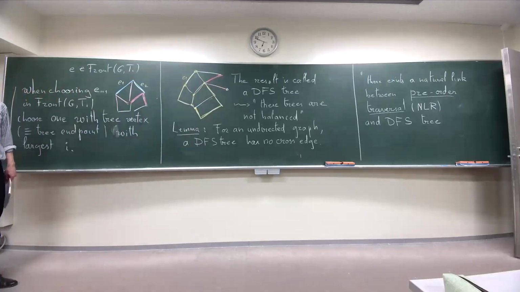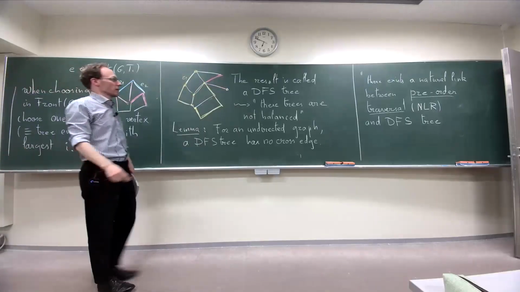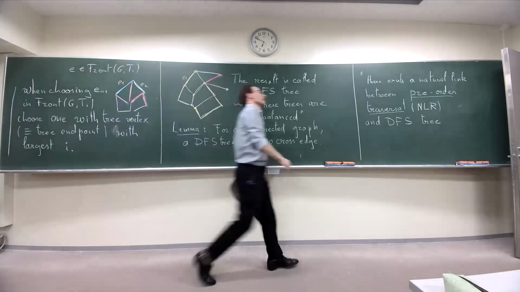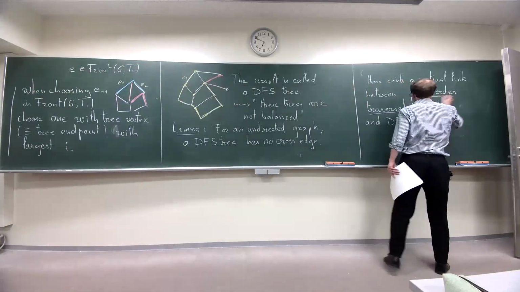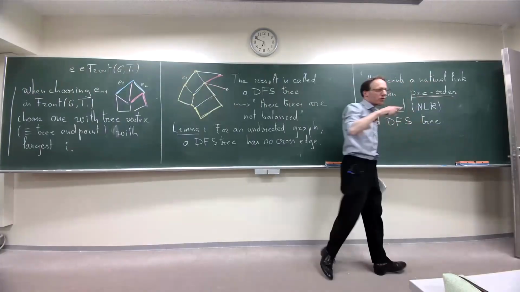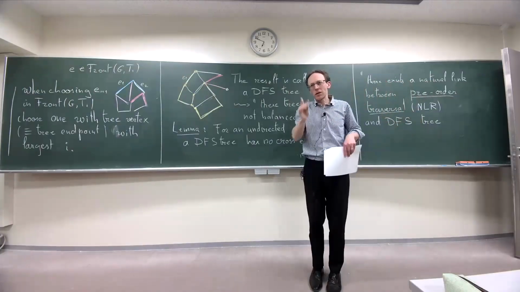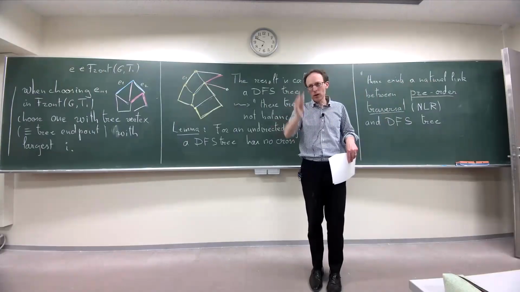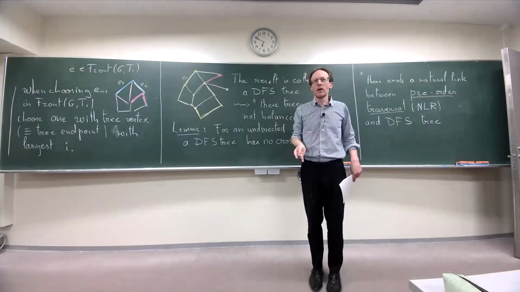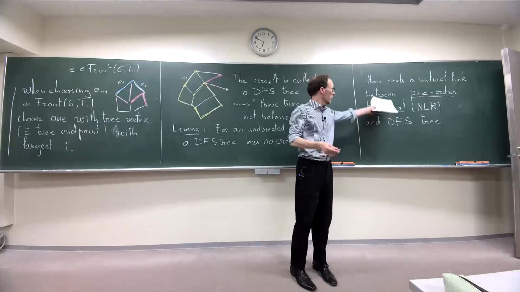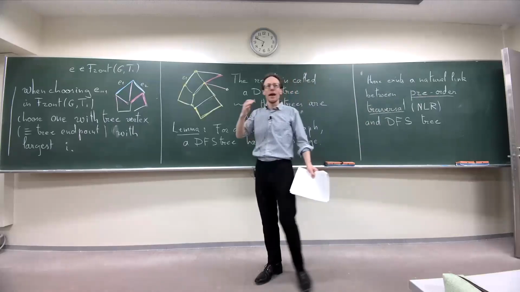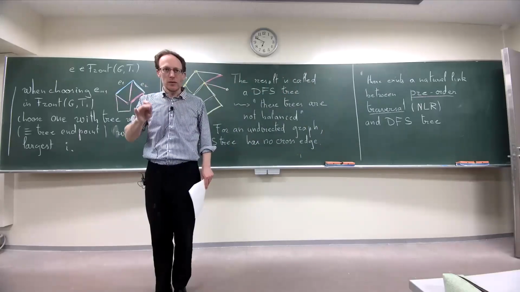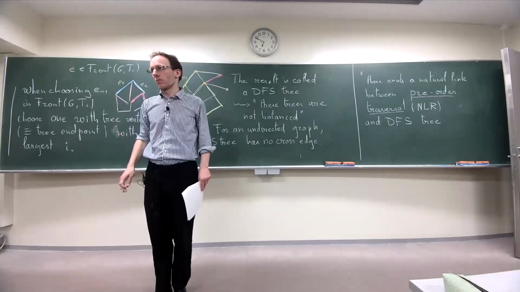So it's not only a binary, it can be bigger than a binary tree. Still, it's an ordered tree. And you can easily extend this notion of pre-order traversal, not only for binary trees, which have left and right, but if you have 3 children, then you have the first one, the second one, and the third one. So this notion of pre-order traversal can be extended to any p-ary tree if you have p children.